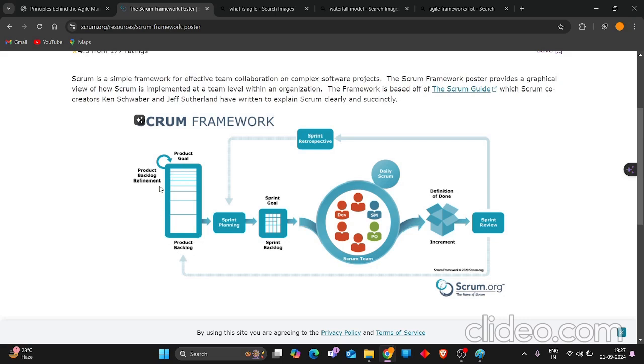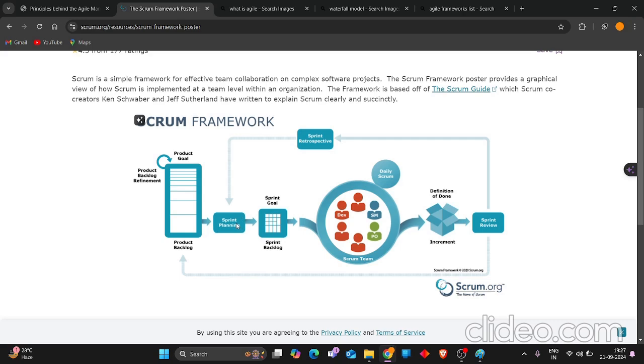First, there is a product backlog. In this product backlog, there are all the features that the client needed. These features are divided into different sprints. For example, if this is a single feature, this feature is divided into a single sprint, and this part is sprint planning.